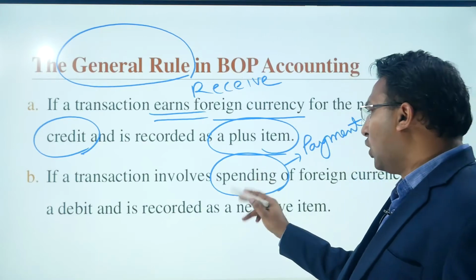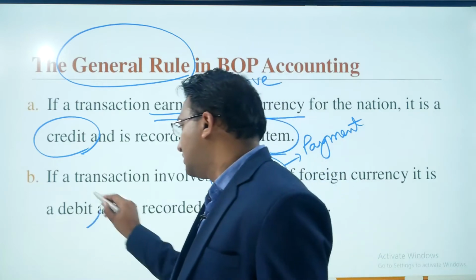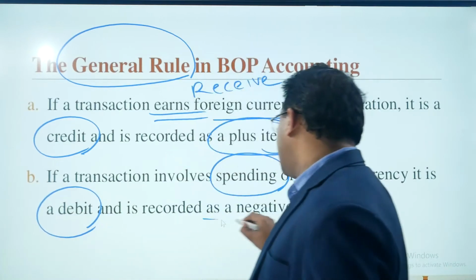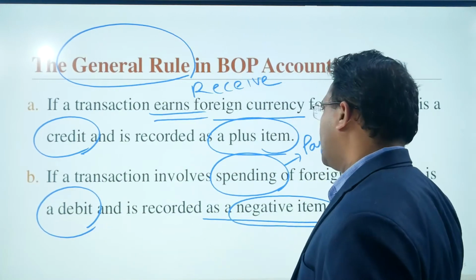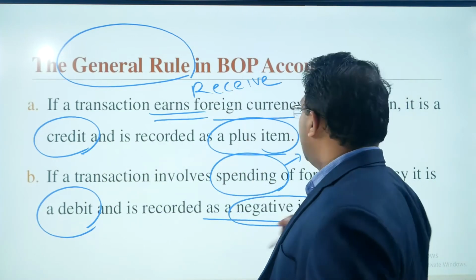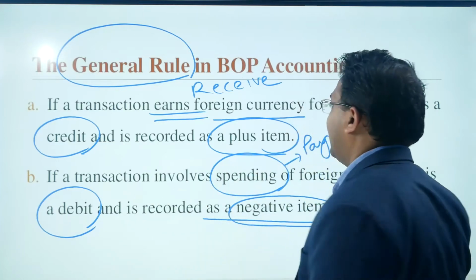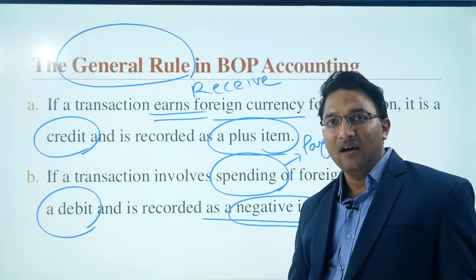If a transaction involves spending of foreign currency, it is a debit and it is considered a negative item. So very, very simple. Receipt means credit or plus. Spending or payment means debit or negative item. So this is a very, very simple funda.